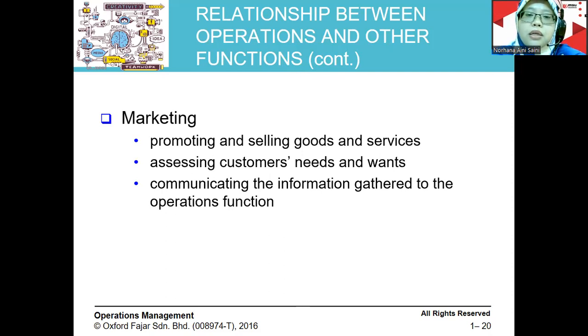Marketing also involves assessing customers' needs and wants. The marketing department also needs to know in terms of complaints, in terms of whatever the customer wants and needs. And the last one for marketing is communicating the information gathered to the operation function.